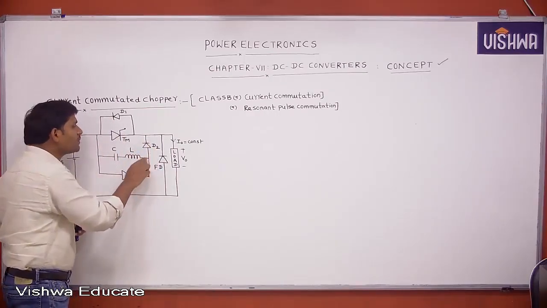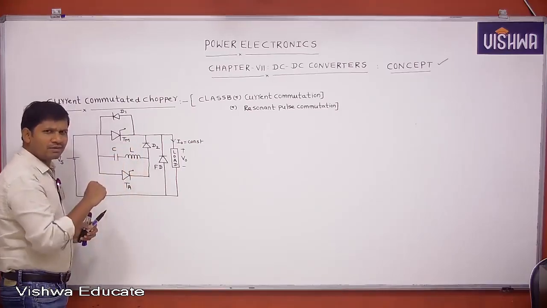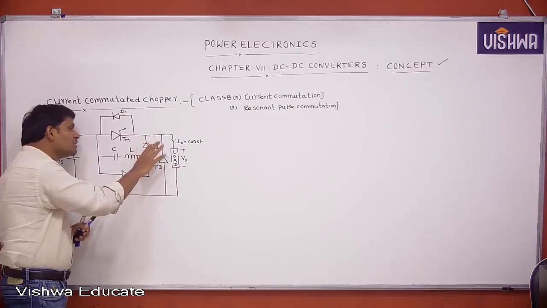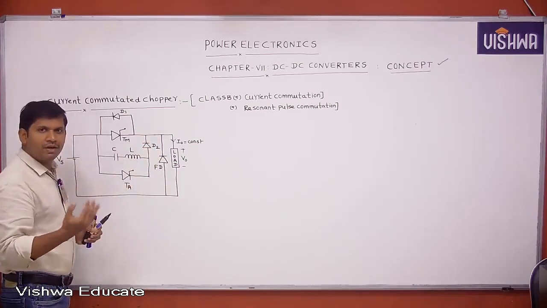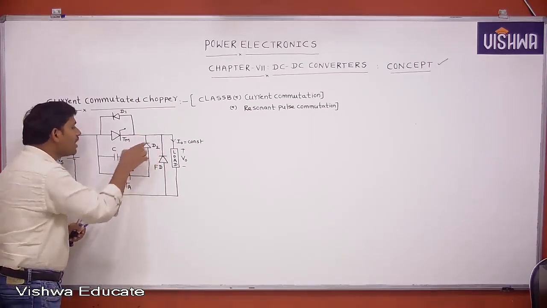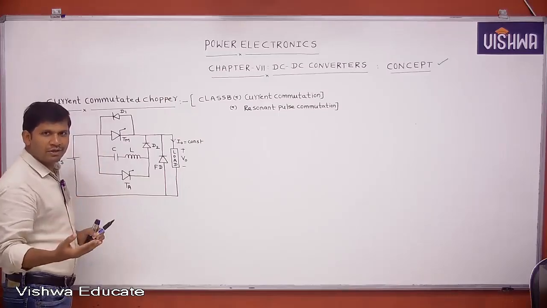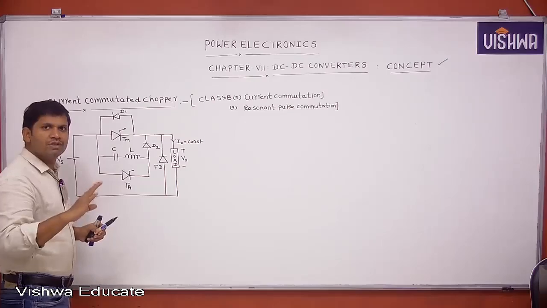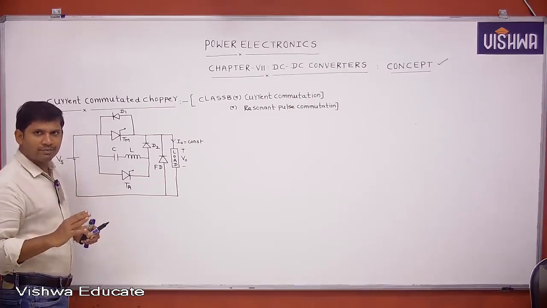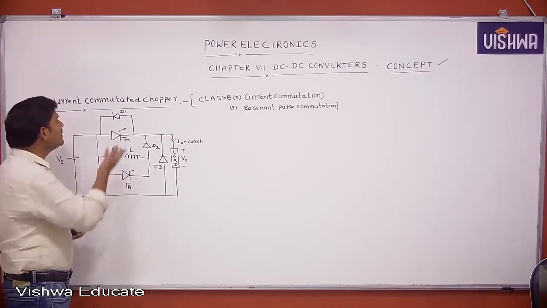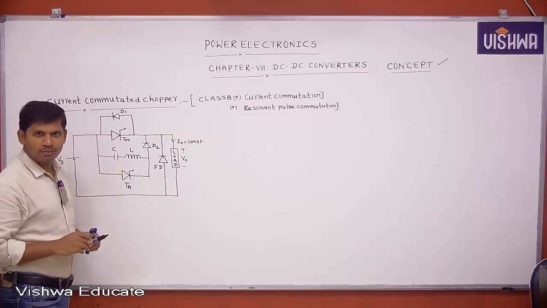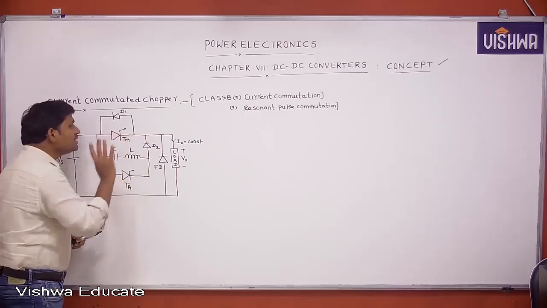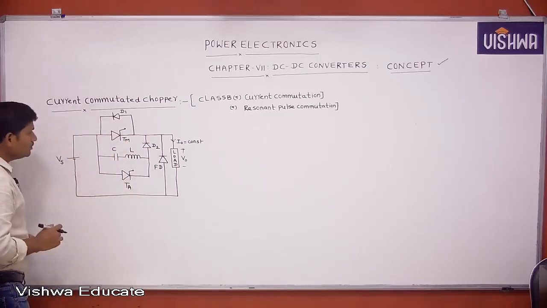Just for remembering purpose, this is not a concept: if this diode is present, take it as a current commutated chopper; if it is not present, take it as a voltage commutated chopper. But don't take the other diode as the reference, since sometimes we also use it in the voltage commutated chopper. That is why I say take D2 as the reference.